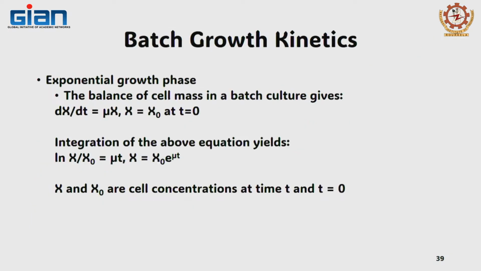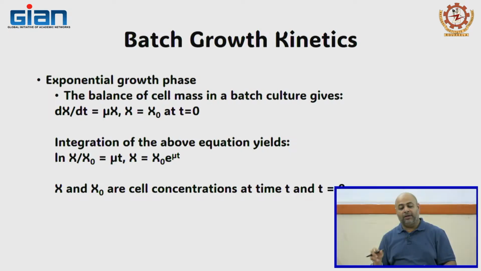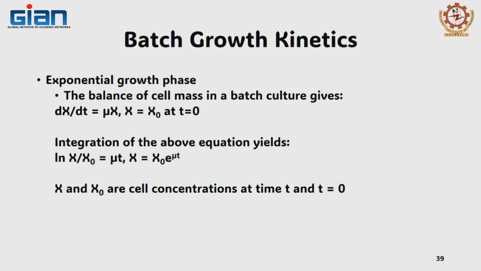Now, in the exponential growth phase, the balance of the cell mass in the batch culture is given as dx by dt is mu x.